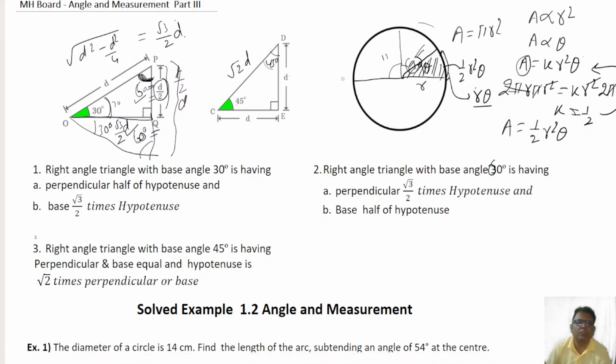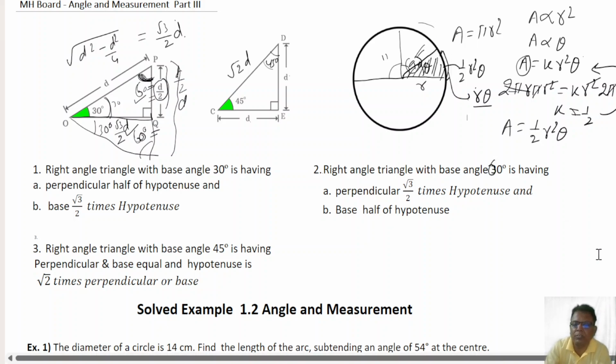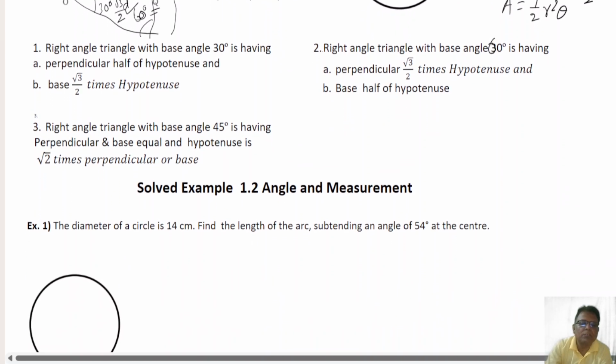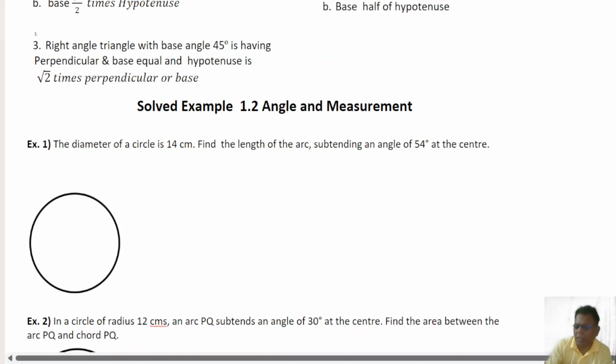Now come to the solution of solved questions given in the exercise. So, a good habit is that for a verbal question you must draw a drawing. Here it is telling the diameter of a circle is 14 centimeter. This is a circle.